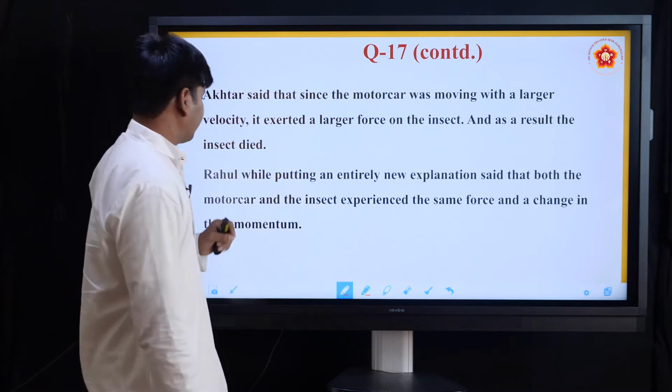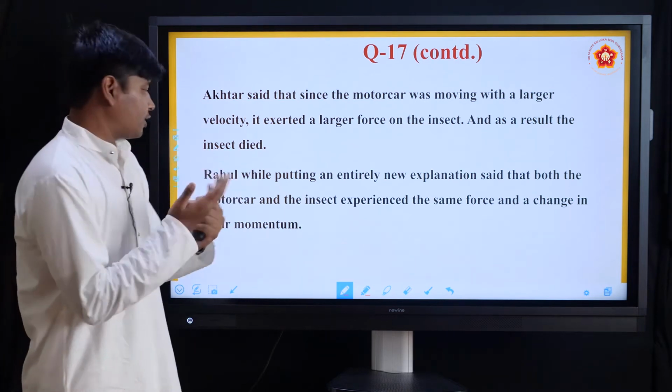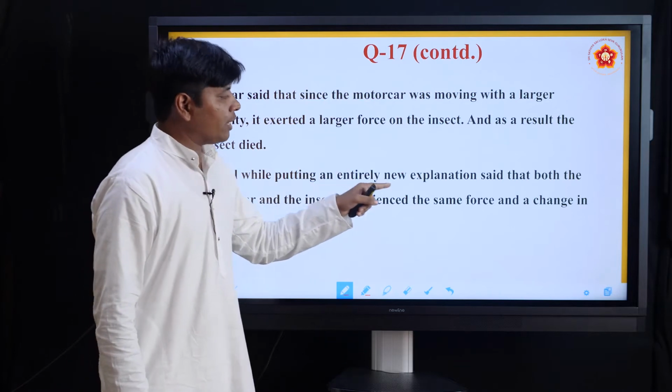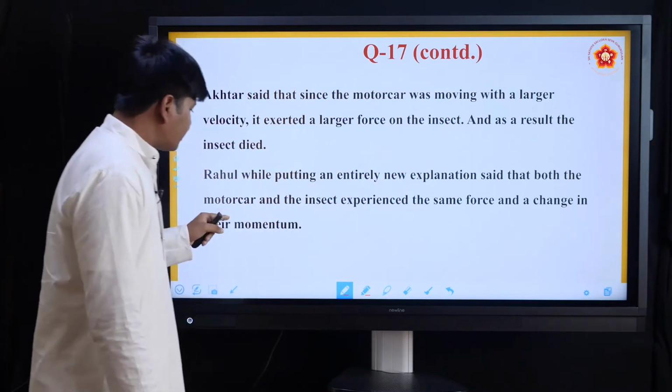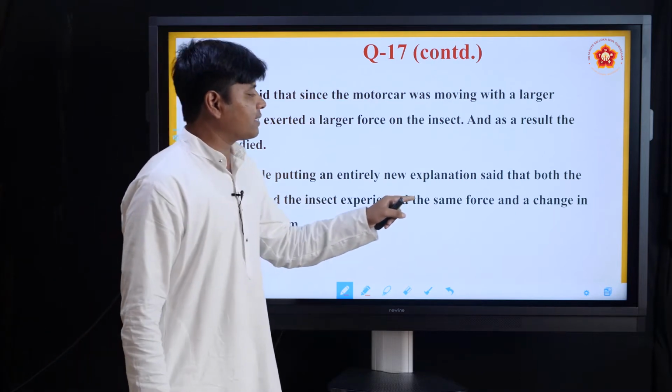Now the third friend has a different concept altogether. Rahul, while putting forward an entirely new explanation, said that both the motor car and the insect experienced the same force.